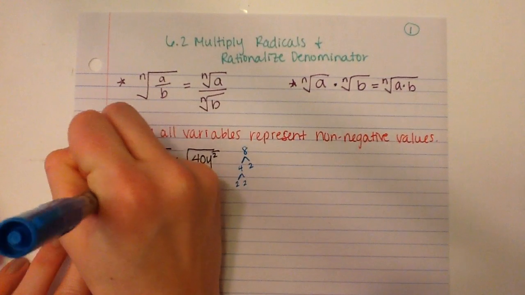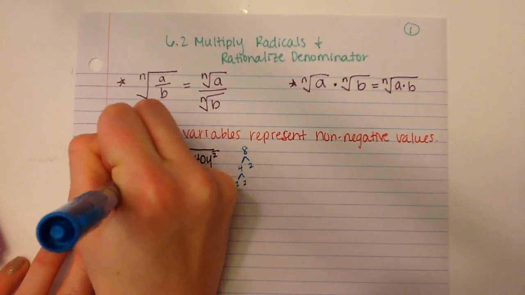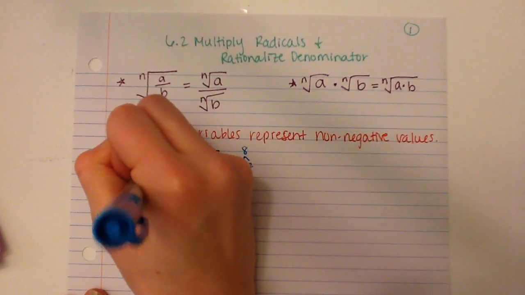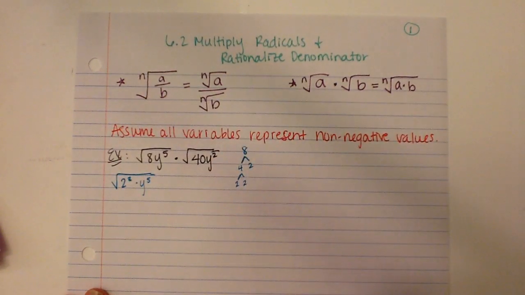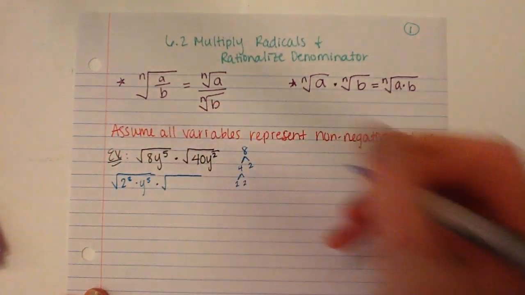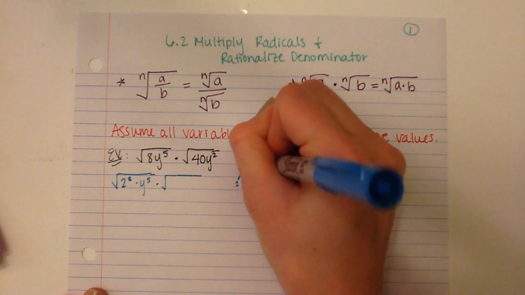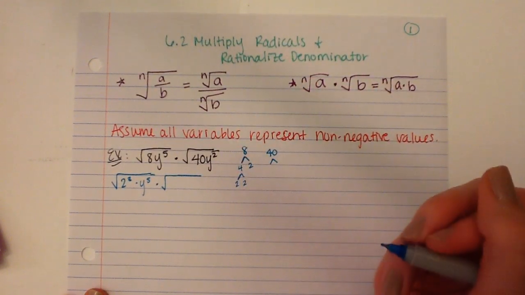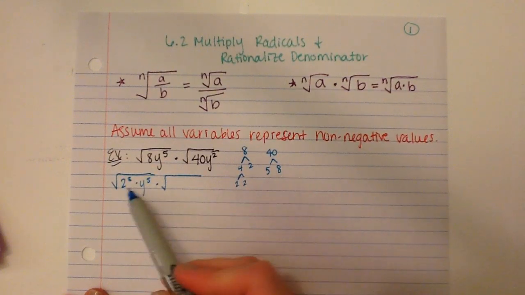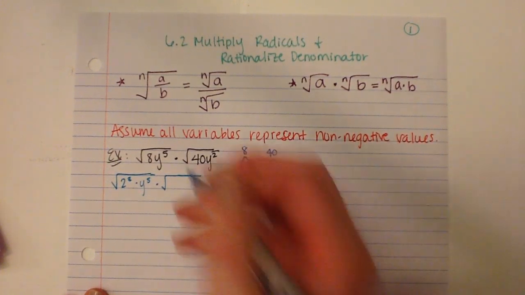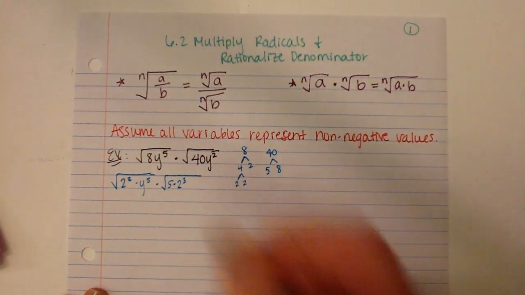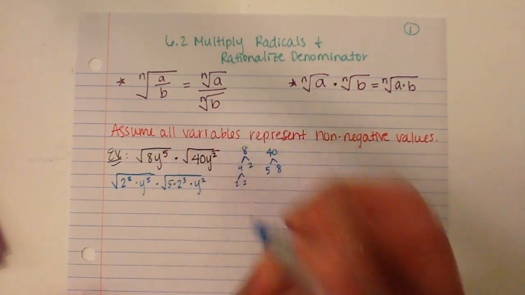So our 8, we can rewrite as 2 to the 3rd, because there's 3 of them. And we still have times y to the 5th times, if we want to simplify the 40, it can be split up into 5 and 8, and we just said 8 can be written as 2 to the 3rd. So we have 5 times 2 to the 3rd times y squared.